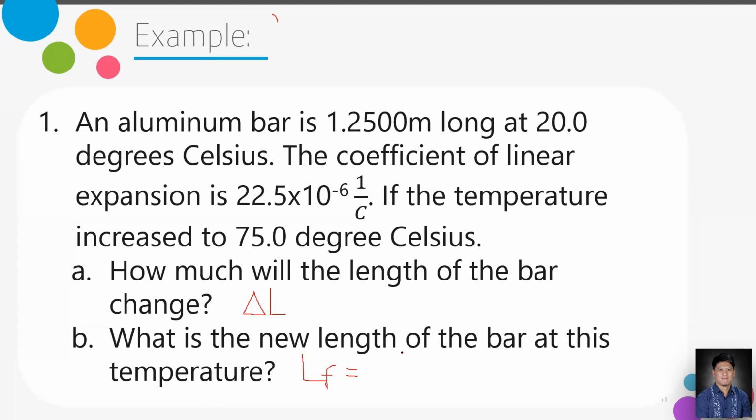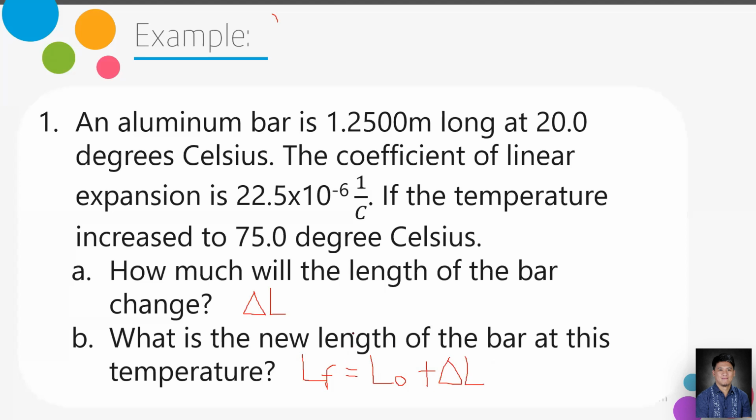L sub F means the final length, the new length of the bar. To obtain the final length, we simply add our initial length, which is L sub O, and our change in length.